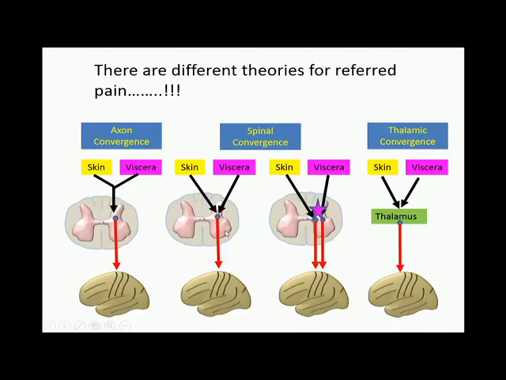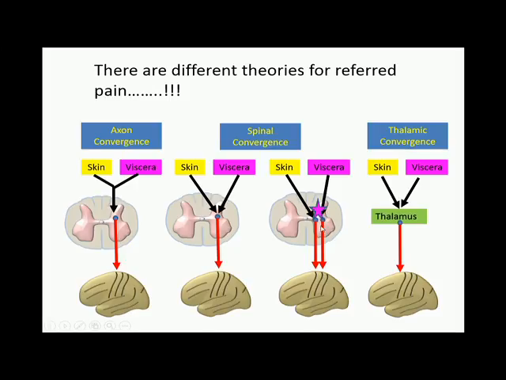Again, there are two mechanisms. The signals from the skin and viscera converge in the spinal cord. However, most of these inputs come from the skin, therefore the brain tries to interpret the signal as coming from the skin. The second one is that both converge at the dorsal horn, where these neuron populations are very close by.